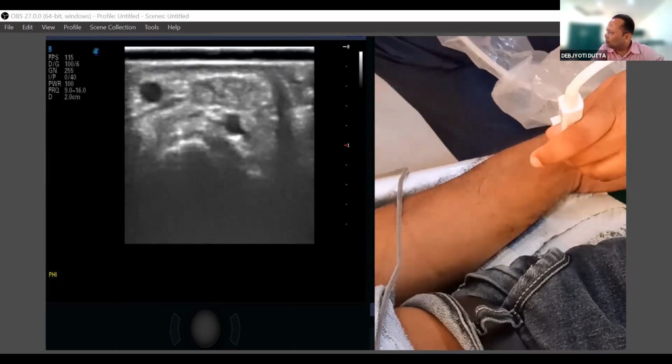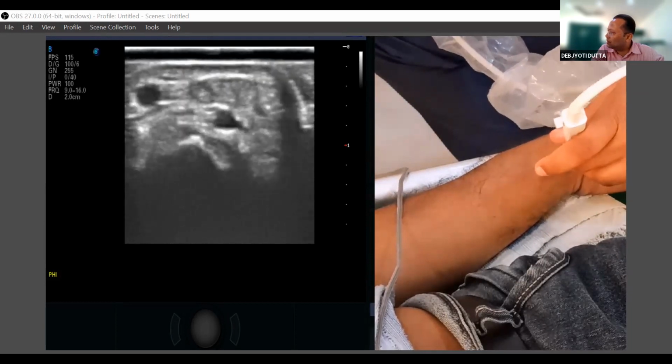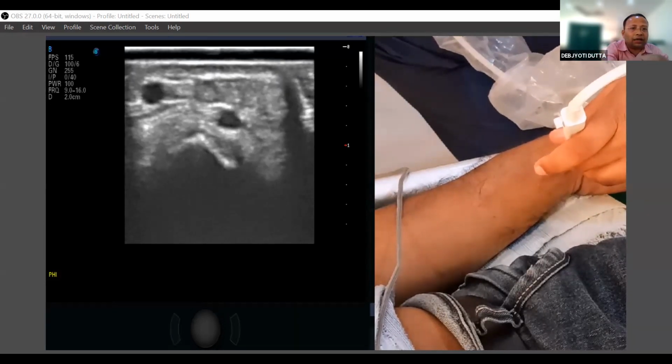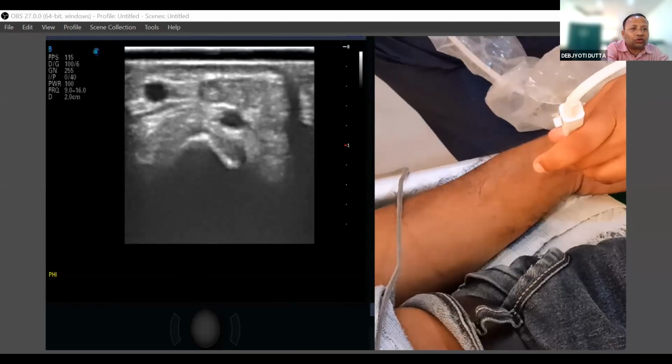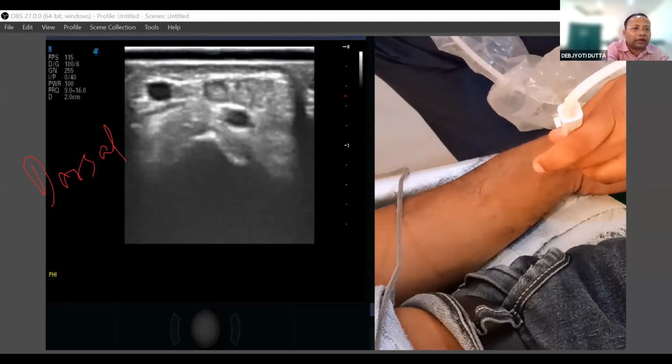Now, here near the styloid, you are able to see two tendons, two tendons together.